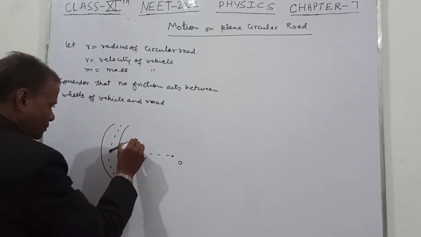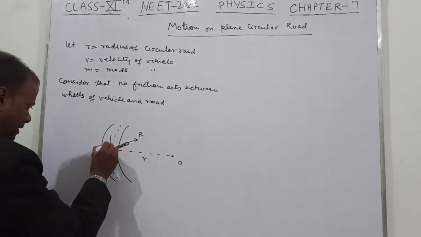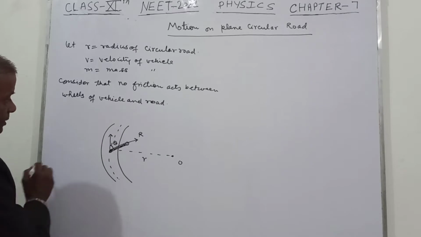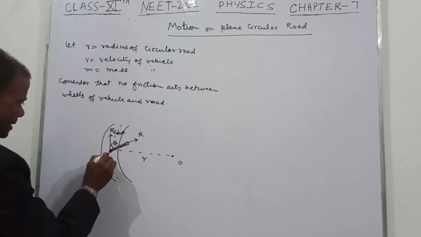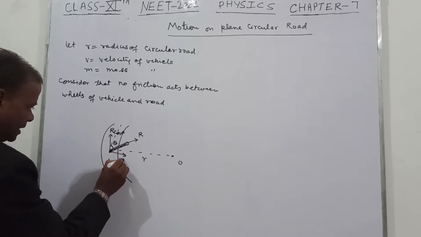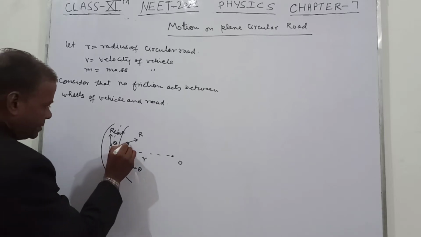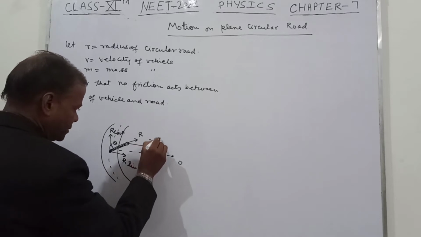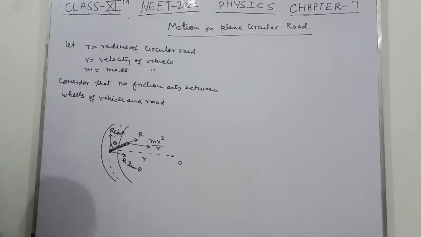The reaction force acts perpendicular to the road, and let it make an angle theta with the vertical, so it can be resolved into two components. This is R cos theta, and second is R sin theta. There is the centripetal force mv square upon R that acts towards the center.